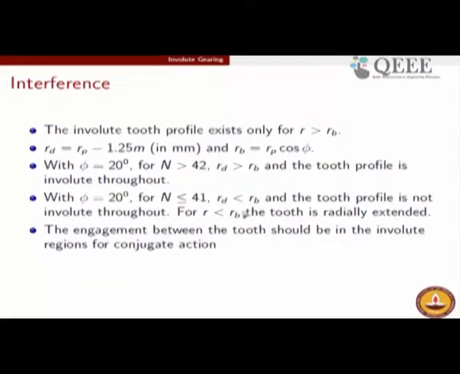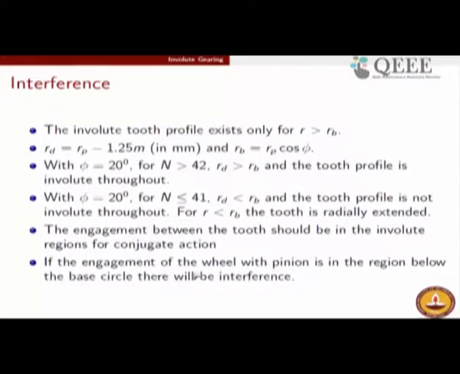The engagement between the tooth profiles should be in the involute for conjugate action, but this conjugate action is denied once we have this situation, that for a 20-degree pressure angle, with number of teeth less than 41, you will not be able to satisfy this condition of conjugate action if there is an engagement happening in this portion which lies between the base circle and the dedendum circle.